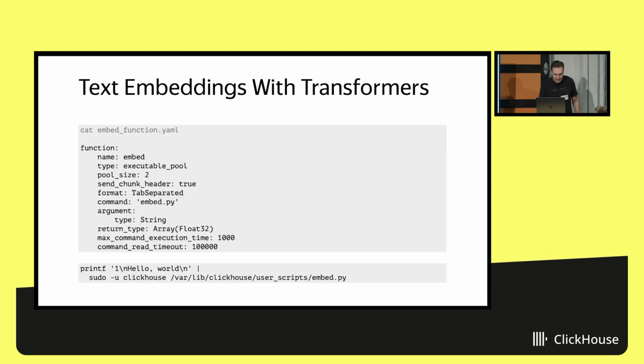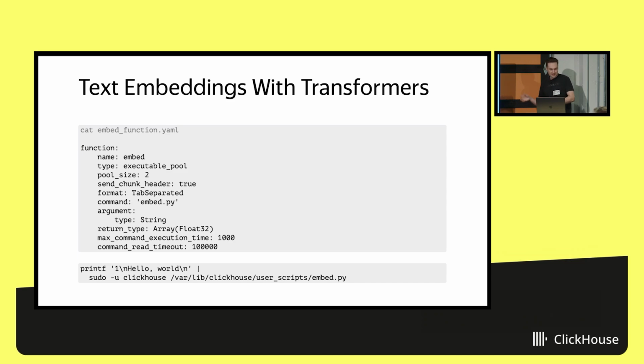That's it. And the configuration, I will use a pool of size just 2. I will explain why, and it will be an executable pool, and the function will be named embed. The format is tab separated. I used JSON here, but actually it works as tab separated as well.